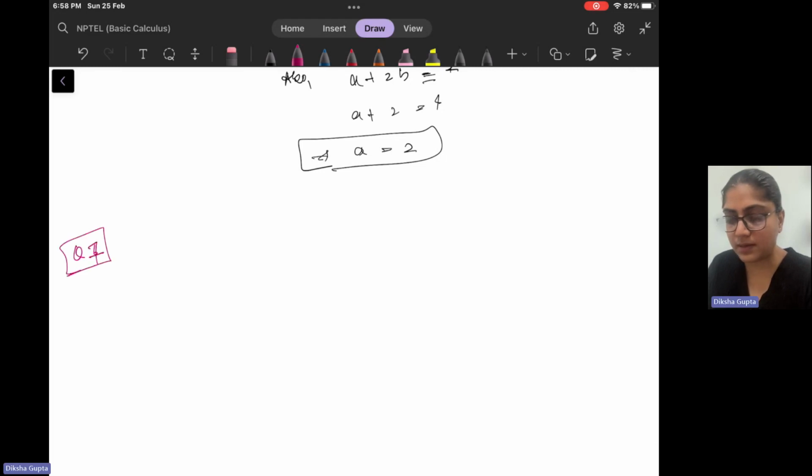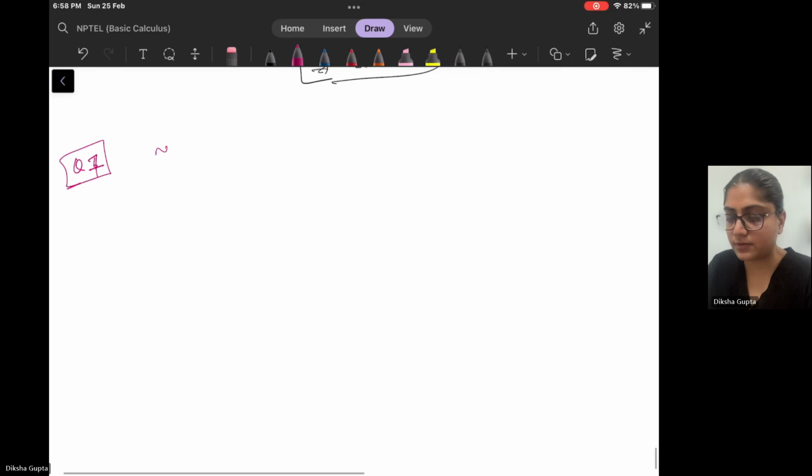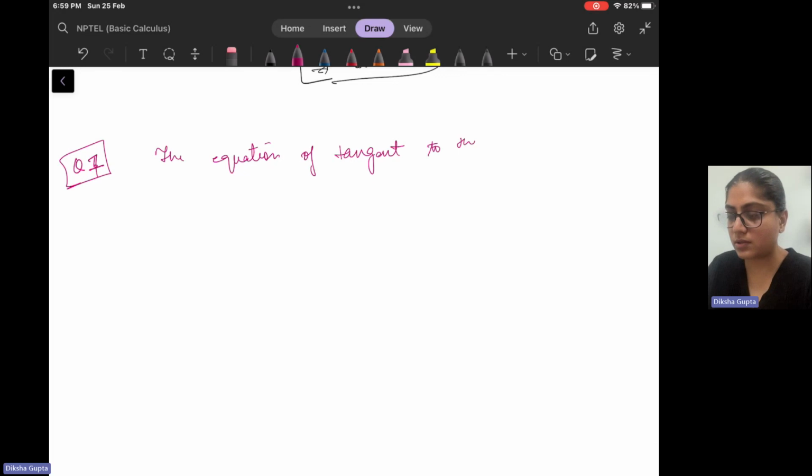So question number 7, the equation of tangent to the curve.